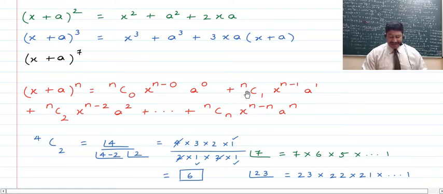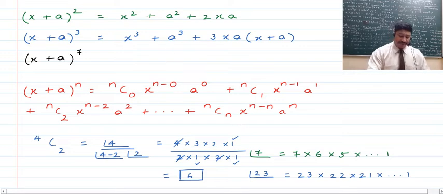To that is added nC1, which is again the binomial coefficient, times x raised to the power the difference of the numbers in the superfix and in the suffix, times a, the second term, raised to the power the number in the suffix, and all of this continues up to the last term, which is nCn, the binomial coefficient, times x raised to the power the difference of the numbers in the superfix and the suffix, that is n minus n, times a raised to the power the number in the suffix, that is n. So this, children, is the binomial theorem.